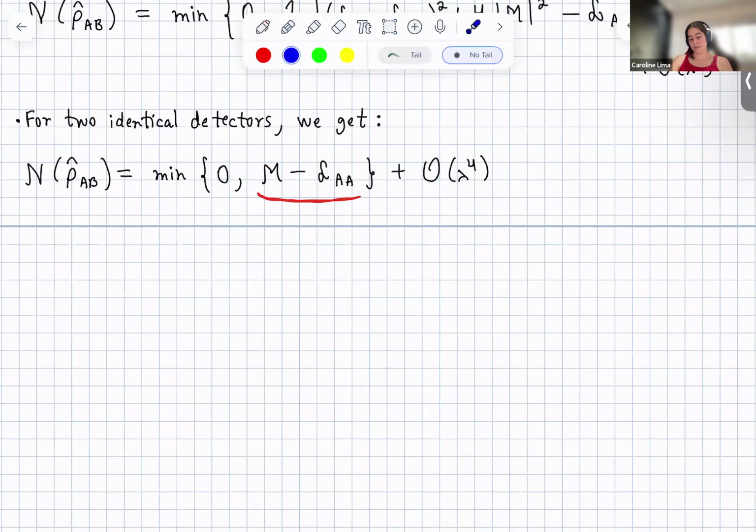So in some sense, m is responsible for this entanglement, and LAA is just the local noise that is hindering the harvesting of more entanglement.